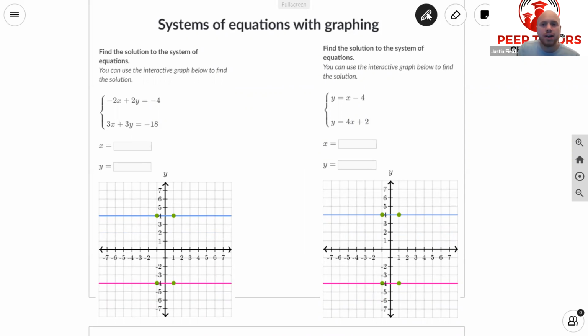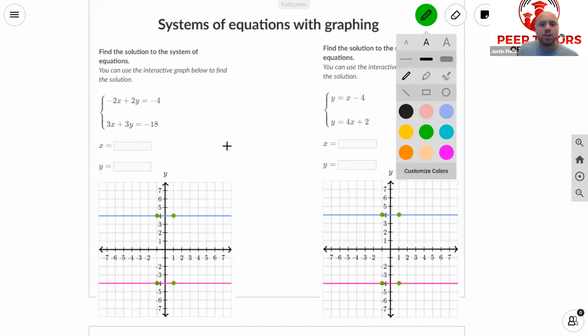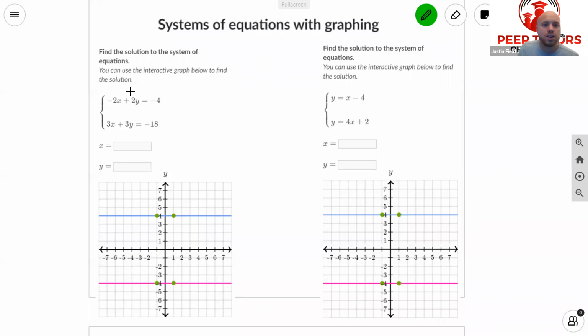When you are graphing, you can have 2 different forms. These both have the x and the y on the same side. So this is called standard form. And I want you to write down intercepts. Okay, 2 intercepts, x and y.